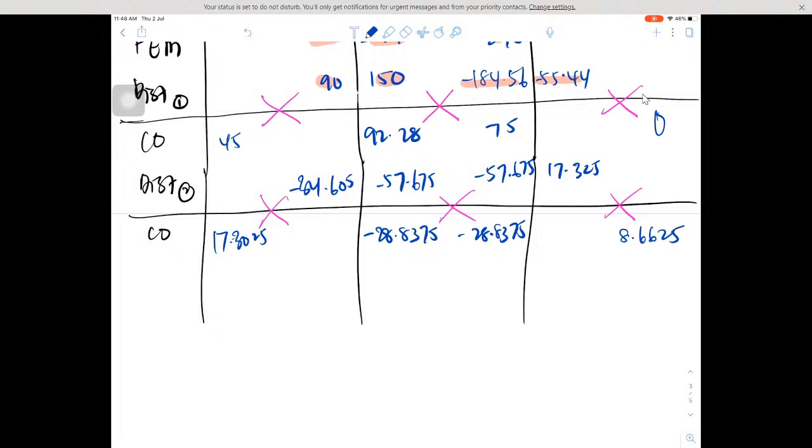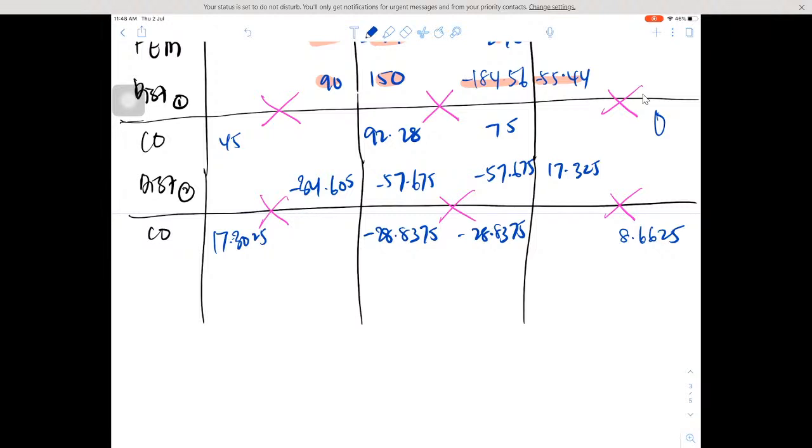So we only change the sign at distribution. For carry over, we remain the sign. At distribution, we have to change sign because of the joint moment, which is opposite to the member end moment.